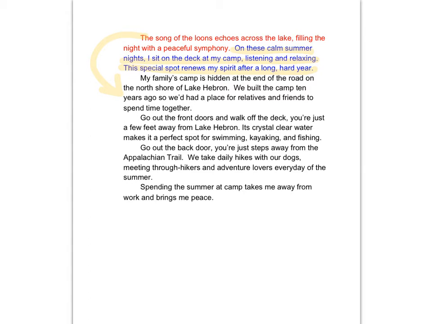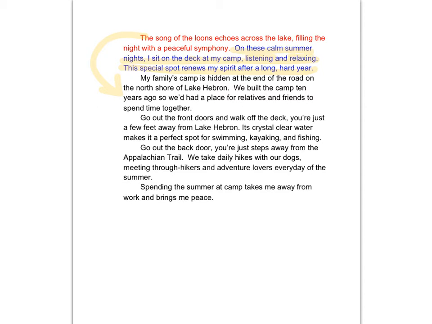So what I wanted to do in this introduction is have that lead that builds that mood, that sets the stage for where this place is. And then I wanted to connect it to my camp. So I talked about sitting on the deck of my camp. Because there's loons, I'm listening. And because I'm listening, I'm relaxing.